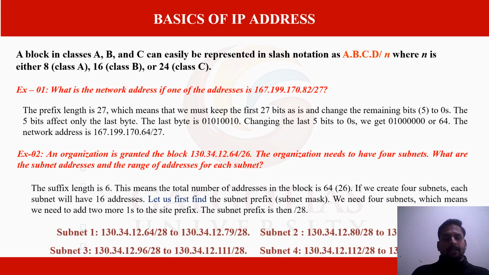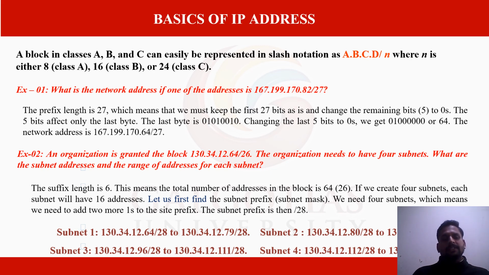So first, it is 26 they have given, so totally we have 32-bit addresses, right? Now we need to find out the suffix length. So how many addresses can we create with the rest of the host bit IDs? Okay, so the 26 is occupied with the network ID. If you subtract 26 from 32, then we will get 6 as remaining.